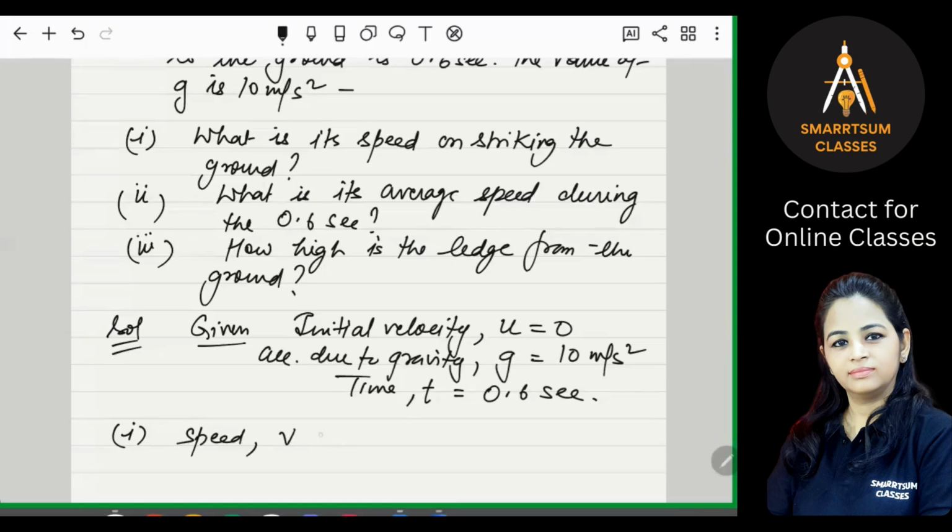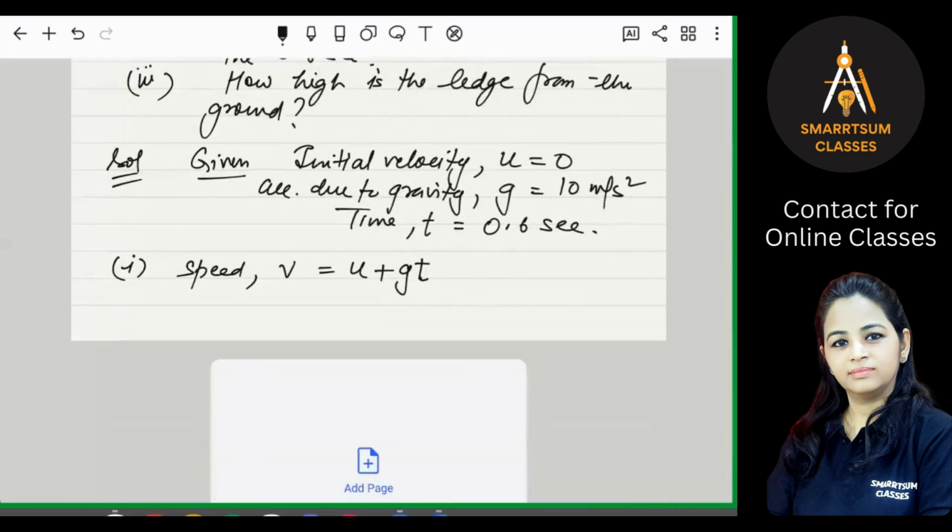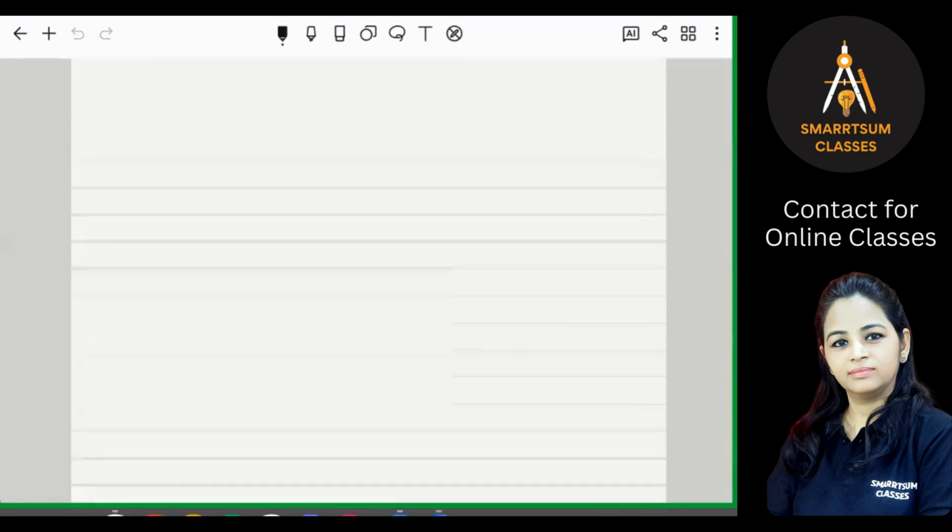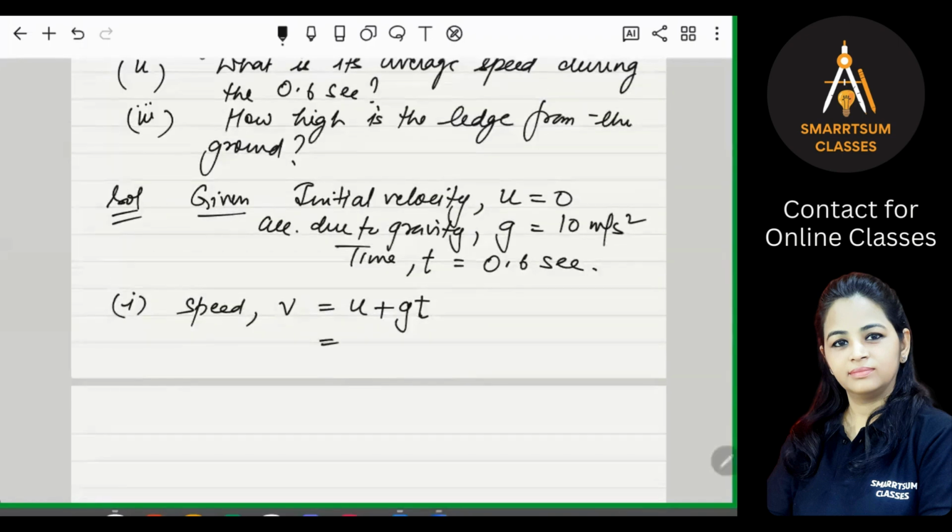So we know that according to the first equation of motion of free fall, v is equal to u plus gt. Instead of a, we will write g here. Since it is a free fall, v is equal to u plus gt. Now since we know every quantity here, we simply write down the values. u is 0 plus g is 10, so just write down 10 into time. Time is 0.6 seconds.